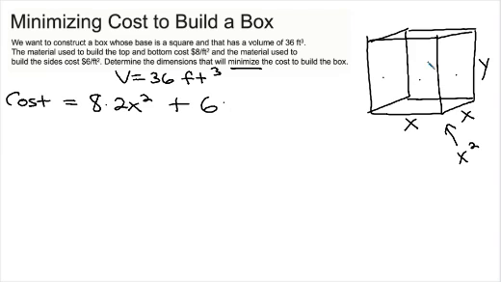Their area is xy, isn't it? So I have an xy here, an xy all the way around. I've got 4 of those, so that is going to be 4xy.